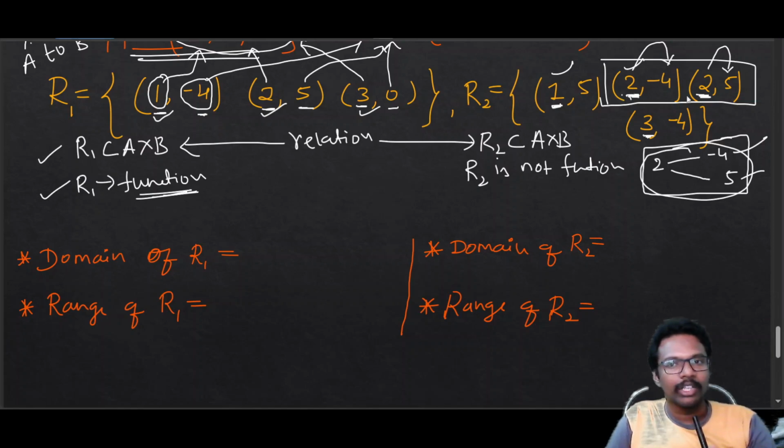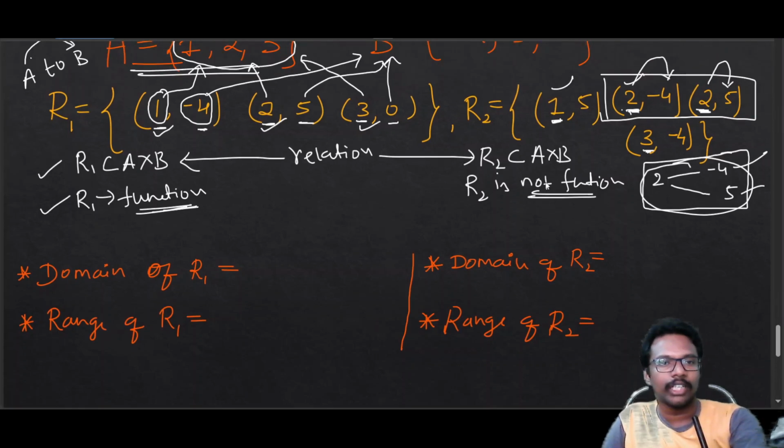So however many times it repeats, that many images we can consider. So if 2 is here 2 times, we can see 2 has -4 as image, 2 has 5 as image, so it has no one and only one image, so it is not a function. Okay, I hope you understood how to check whether the given relation is a function or not.